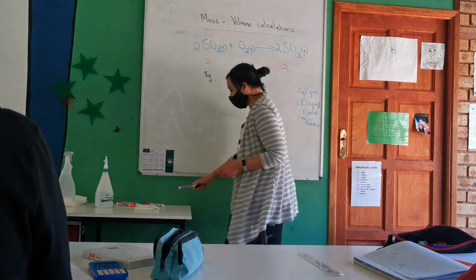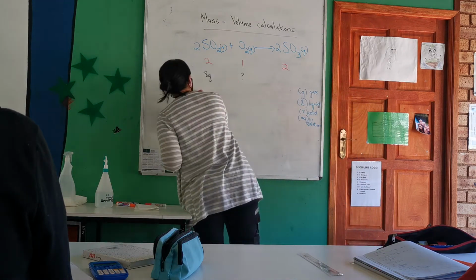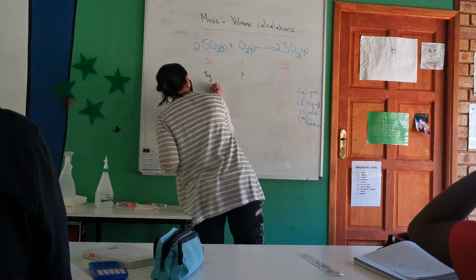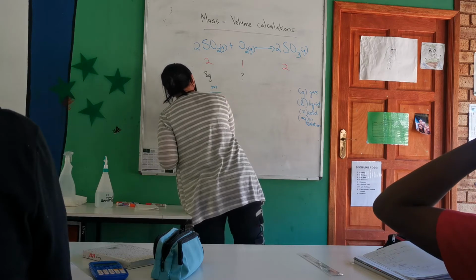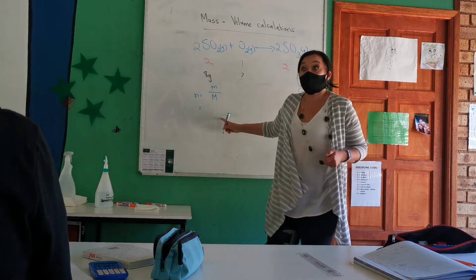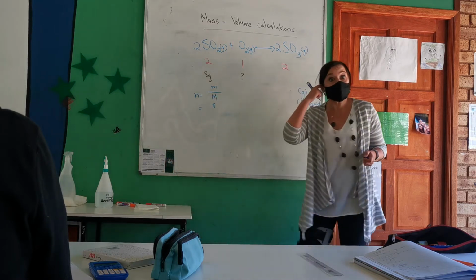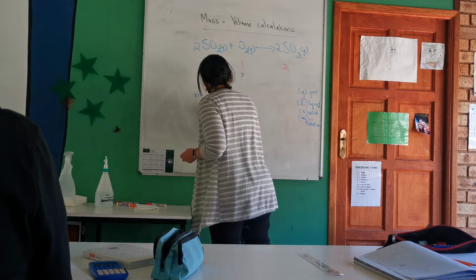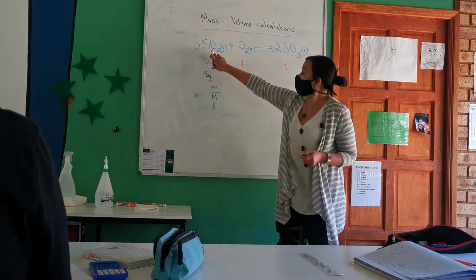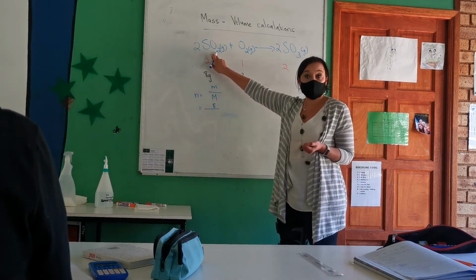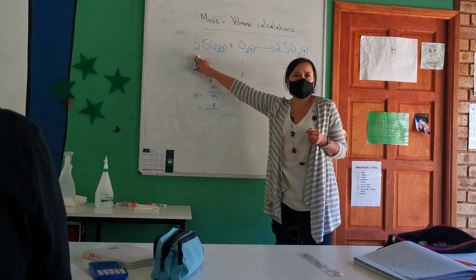My number of moles is going to be equal to the mass given over the molar mass of the substance. The mass given is going to be 8 grams. The molar mass is the sum of all the parts of this formula. Do I involve the 2 in the front?